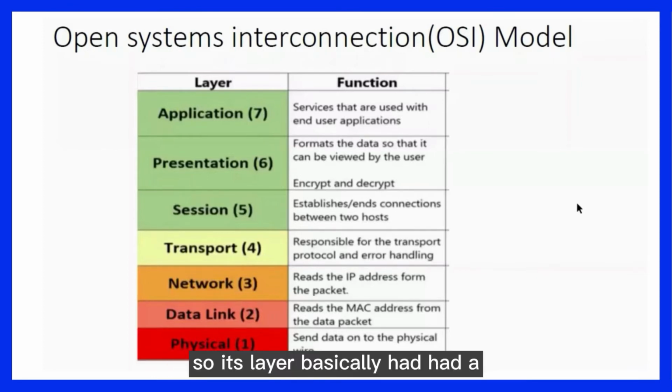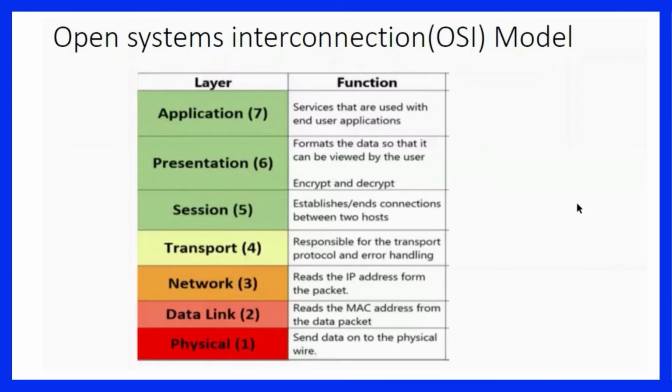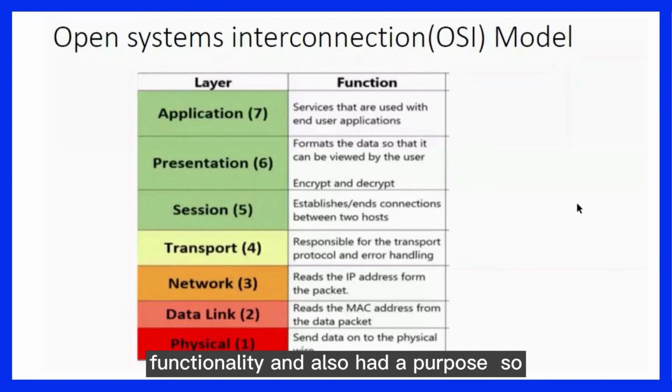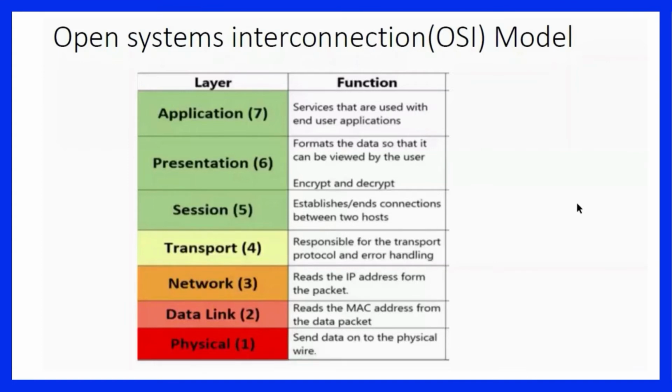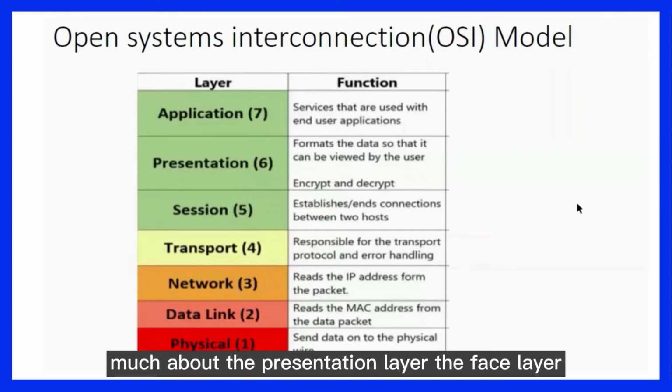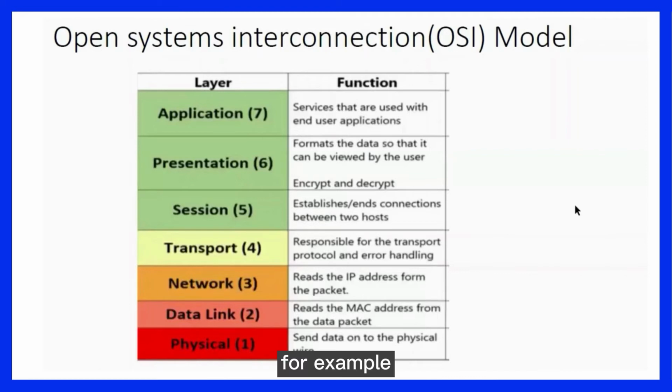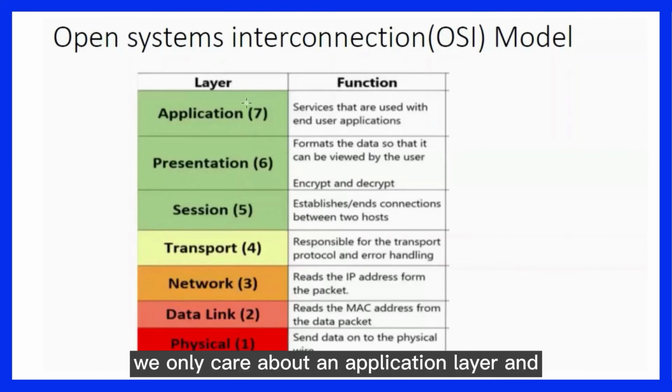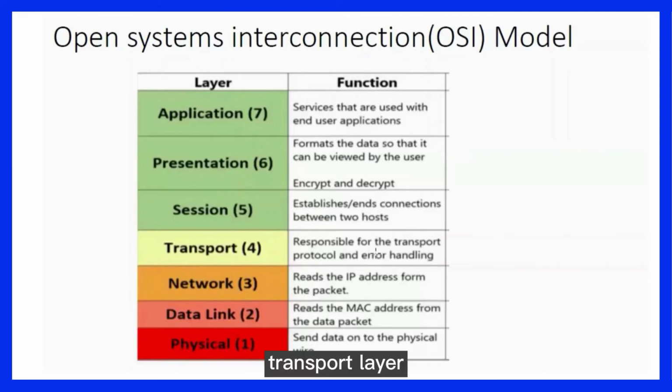Each layer has its functionality and purpose. But we don't care much about the presentation layer and the session layer. Usually we only care about the application layer and the transport layer, or even the network layer.